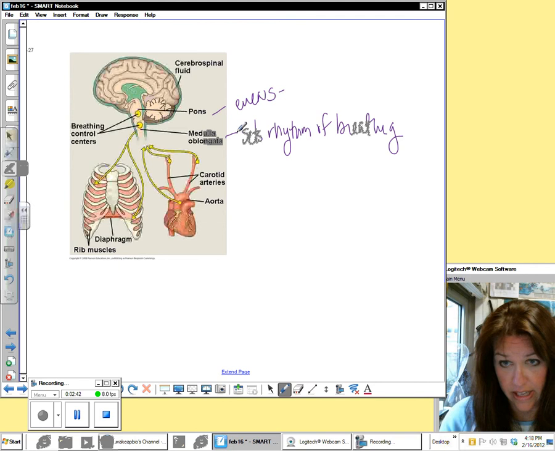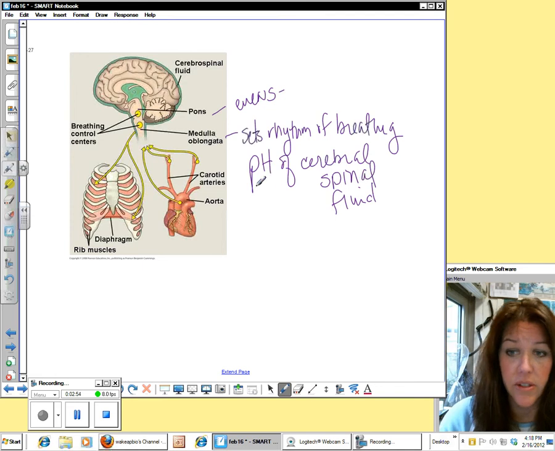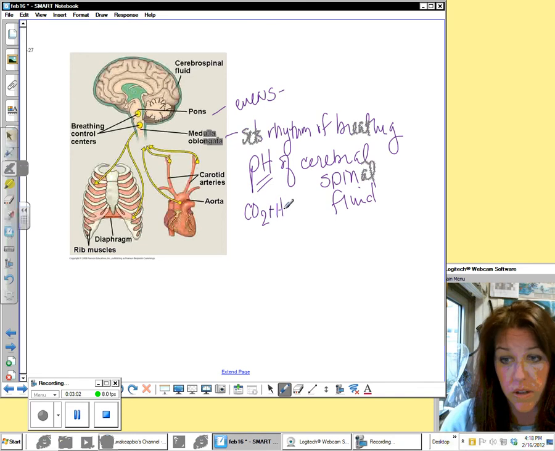So they work together. They sense similar things. They sense the pH of the cerebral spinal fluid. And if you watched the last videos, pH is indicative of how much CO2 is dissolved in your blood, because CO2 and water make acid, right?